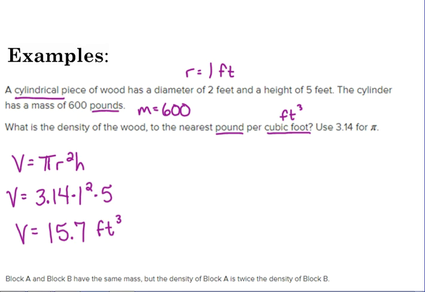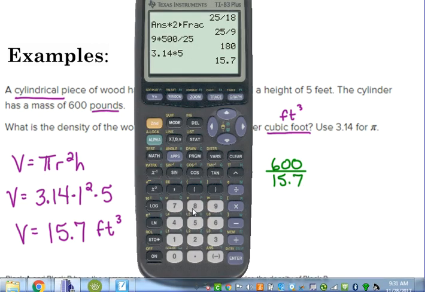In this case, feet. And that's another way to help you keep the density formula straight. They tell us the density is in pounds per cubic feet. So that means pounds is going to be on top. The 600 is going to be on top. And the cubic feet, the 15.7, is going to be on the bottom.